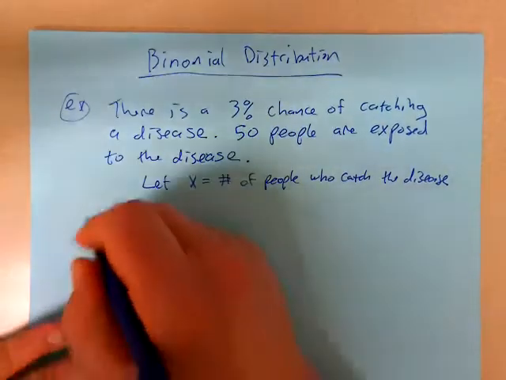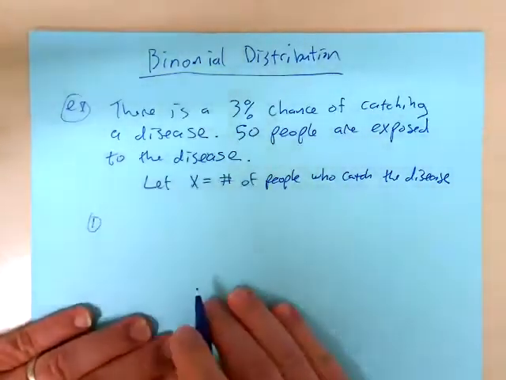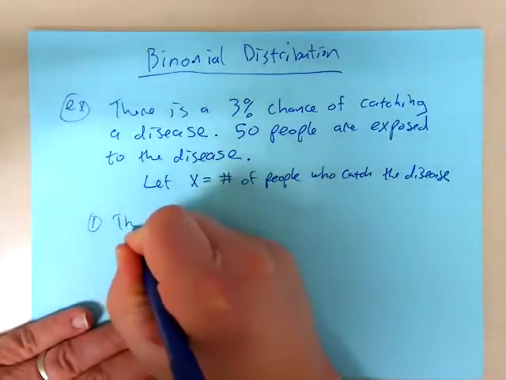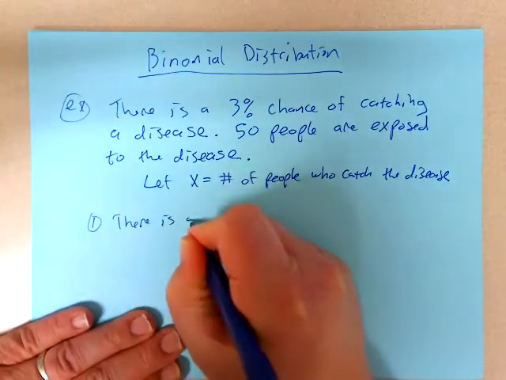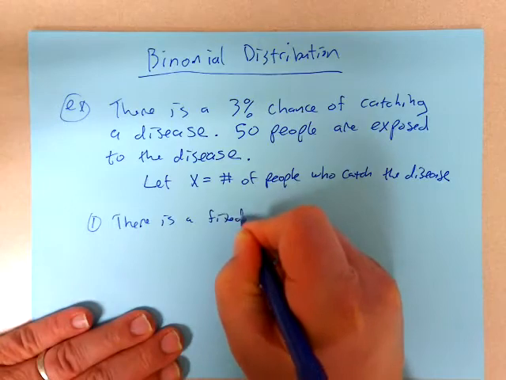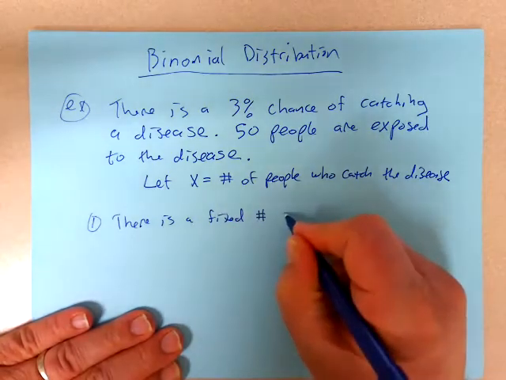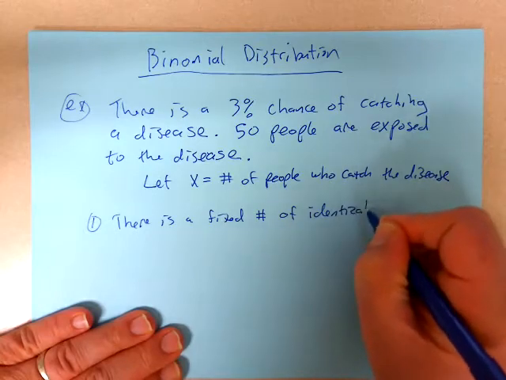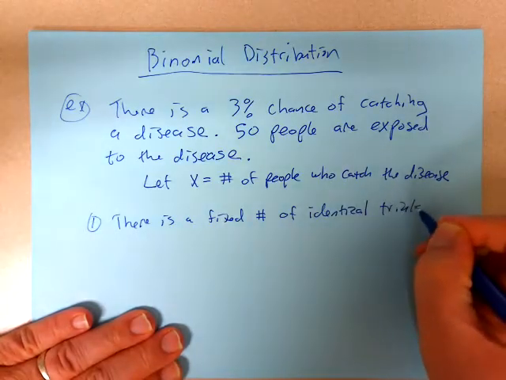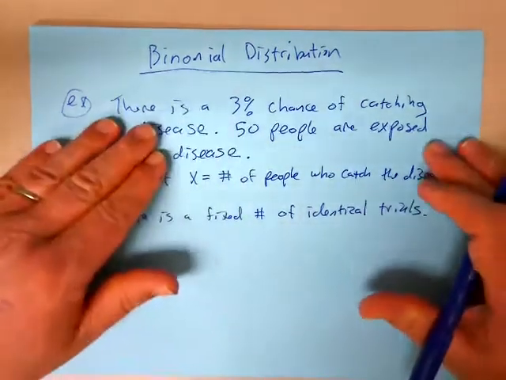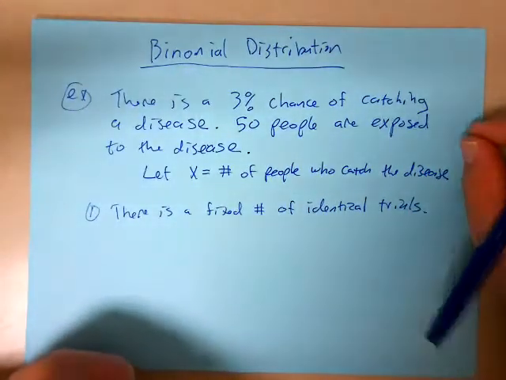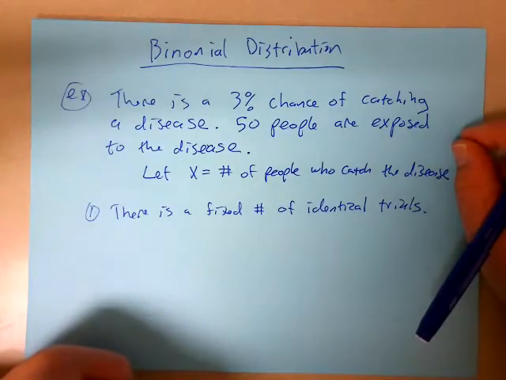Okay, so first of all, there is a fixed number of identical trials. So in this situation, notice 50 people are exposed to the disease, and each person is like a trial.